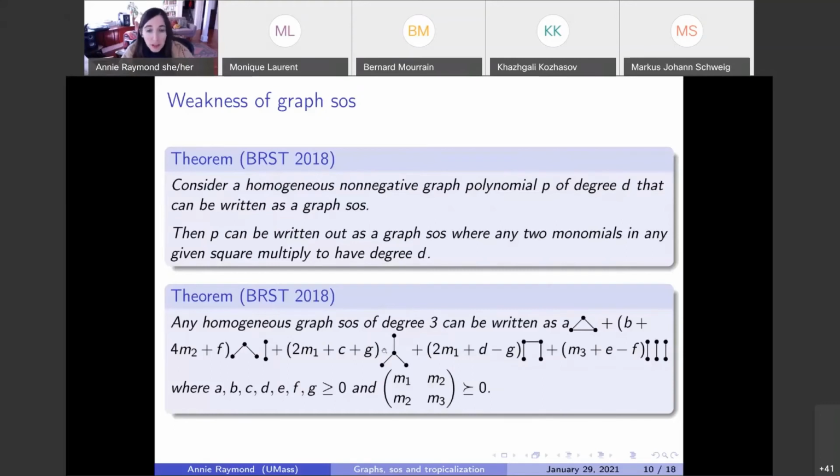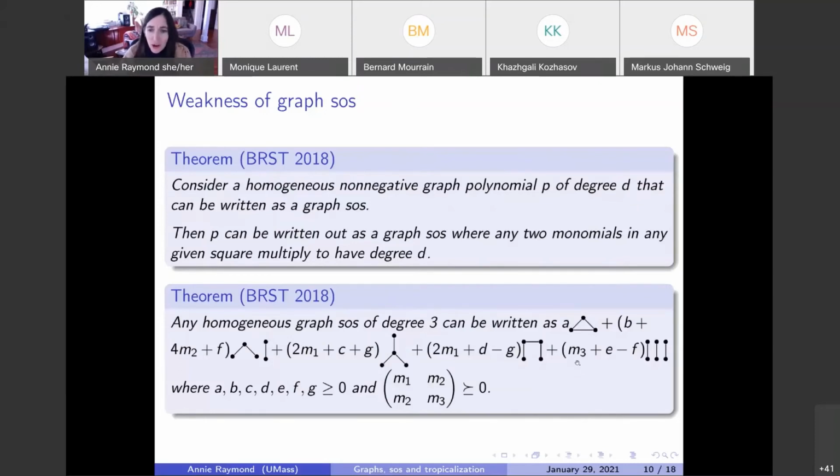So for example, if I were to look at something of degree 3, there's not many graphs with 3 edges. There's a triangle, there's a path of length 2 with an edge, there's a 3 star, a 3 path, and 3 disjoint edges. These are all graphs with 3 edges.